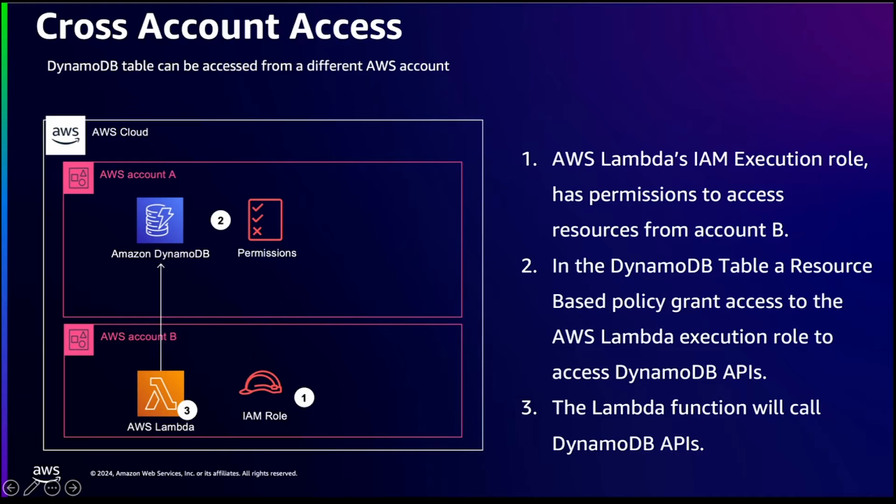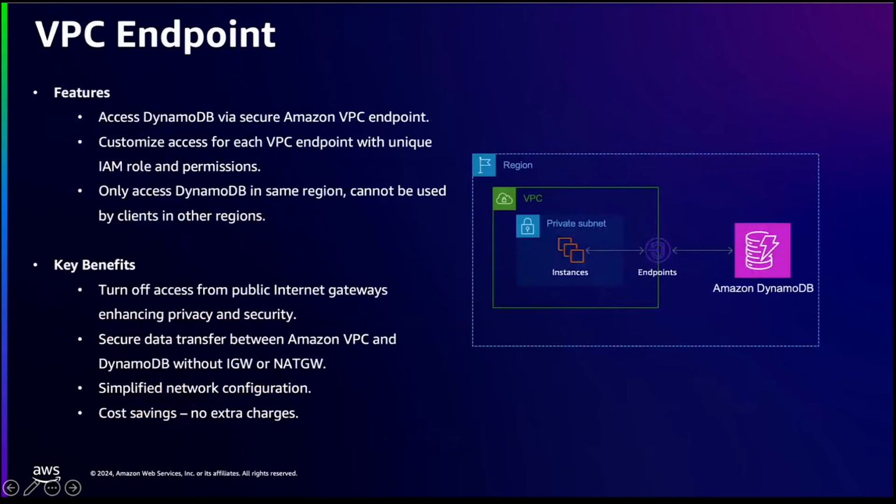We also have the VPC endpoint. It is an option that you can use to access DynamoDB via a secure endpoint. You can customize access for each VPC endpoint with a unique IAM role and permission, so you can mix identity and resource-based policies and VPC endpoints, where you can create a policy that only gives access to the connections that come via a given VPC endpoint.